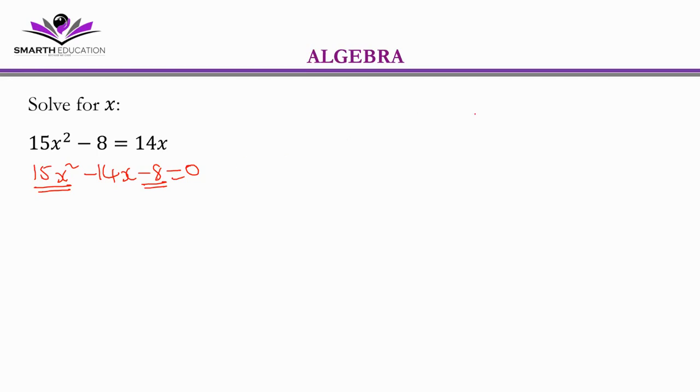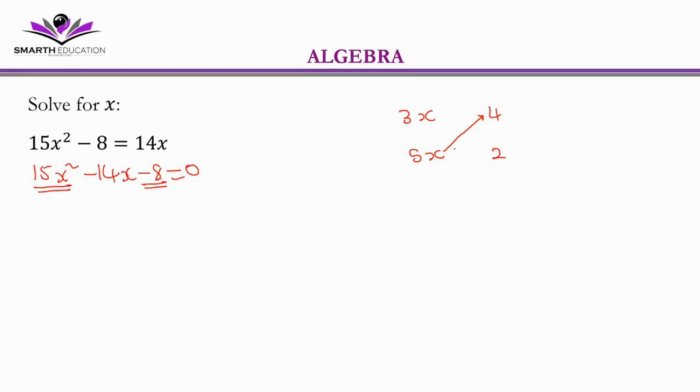Let's start with 15x squared. Write the factors. It could be 3x and 5x. Let's try those. And then for negative 8, let me start with the positive numbers only. Let me say 4 and 2. Then I'll cross multiply and see which one I must make negative. 4 and 2 are the factors of 8.